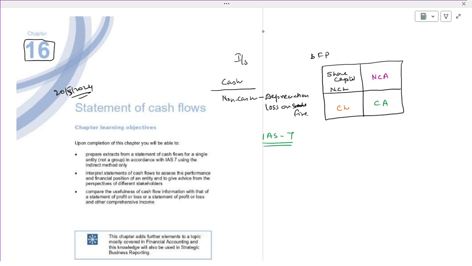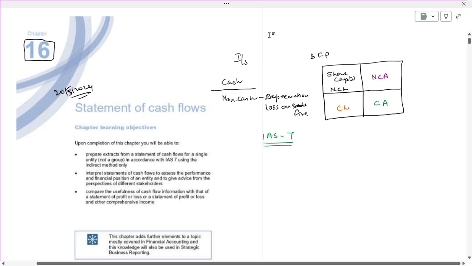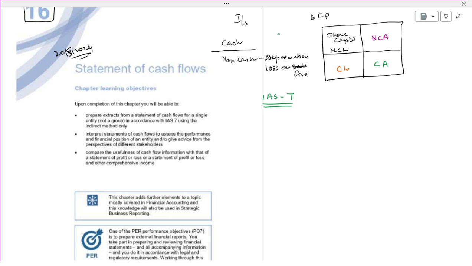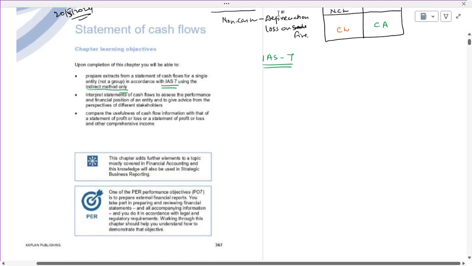If it is not cash, you just make adjustments. We have the direct method and the indirect method. We will use the indirect method only. The direct method is simply a cash account.